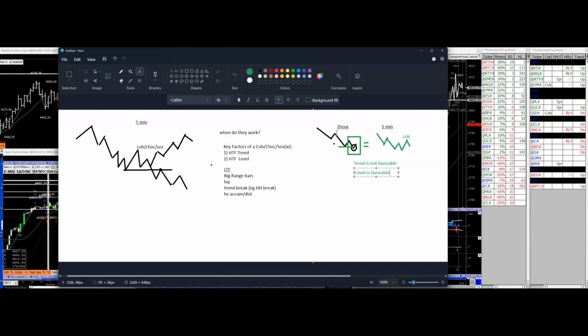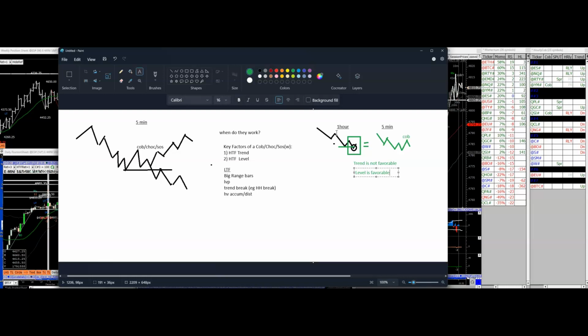They trade off levels. So you have a level, it's there, change of behavior happens. So the level is favorable because you have a point of reference. If you don't have a point of reference, it's just random. It's just a selling wave off random. And most of the time, with a lot of change of behaviors, you don't know what they're coming from.